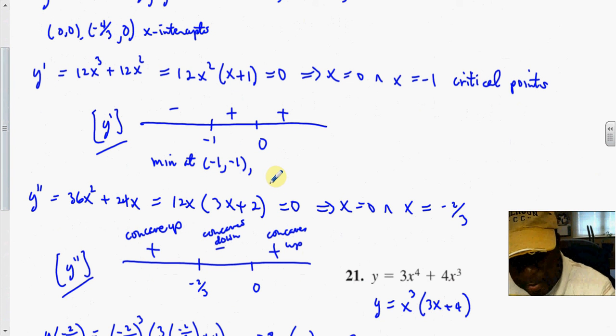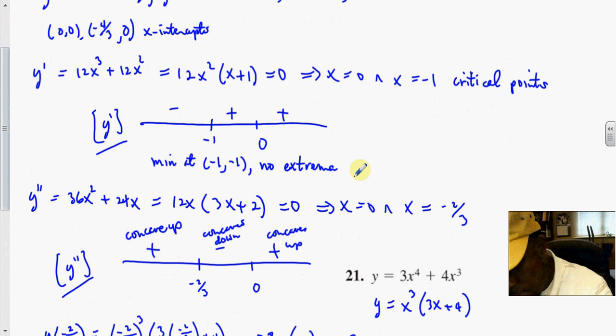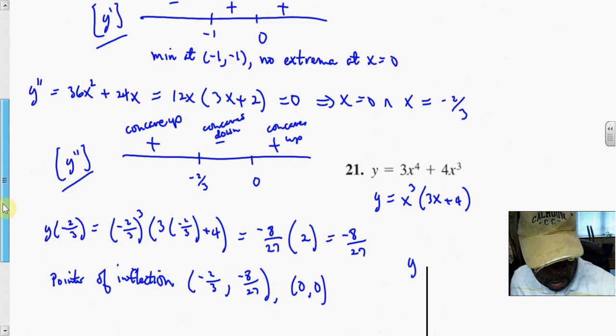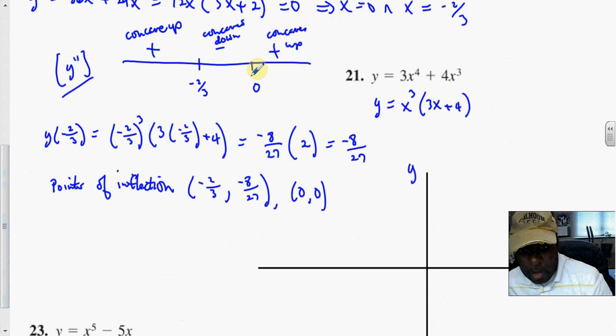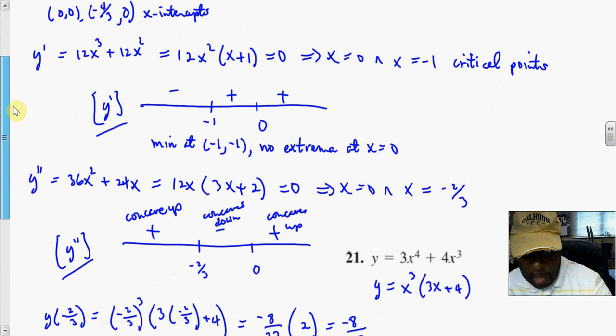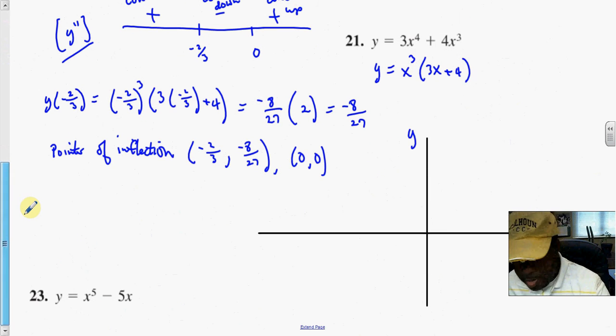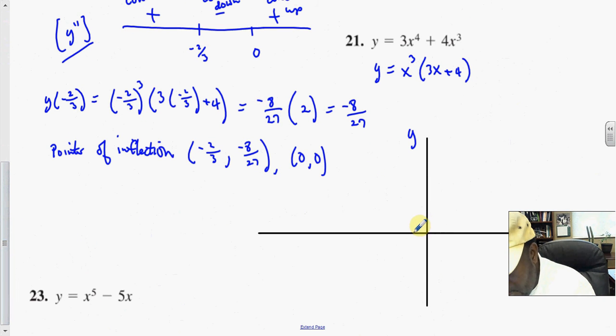Then we have nothing at 0, because it's just increasing at 0. We have no extrema at x equals 0, because x equals 0 is a point of inflection. You remember? The concavity changed at 0. So we only have one extrema, and that's at -1, -1.